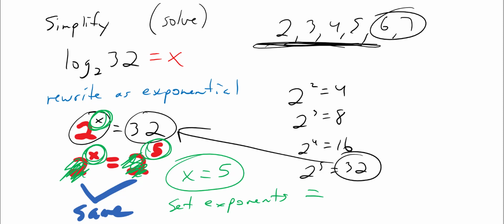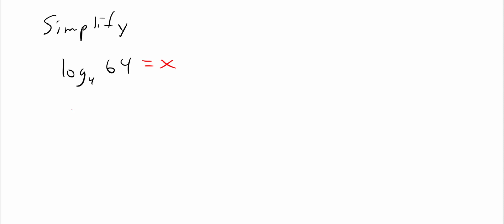Okay, that's it. So let's try another one here. Again, the directions are going to be simplify. If I said log base 4 of 64, the first thing you do is set it equal to x, because I need to solve for x, and you write it as 4 to the x equals 64. Then you go, I need a 4.